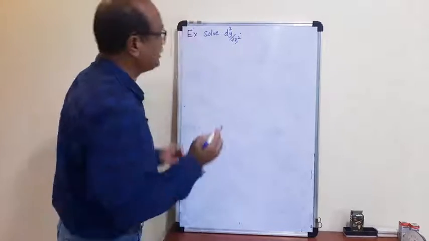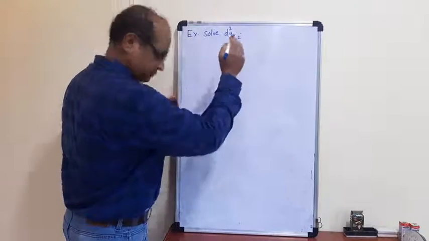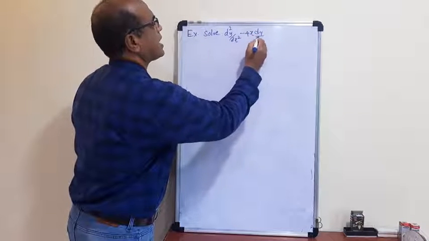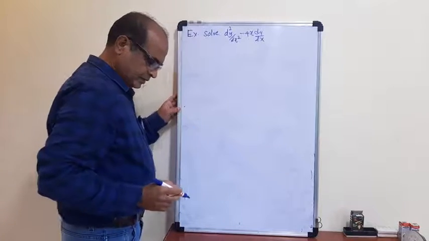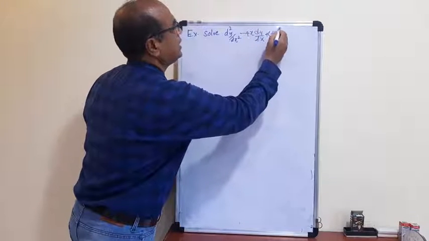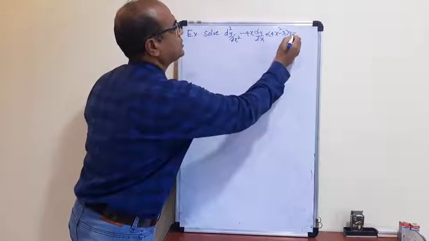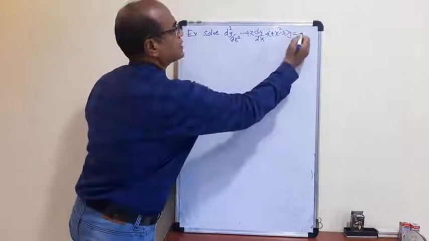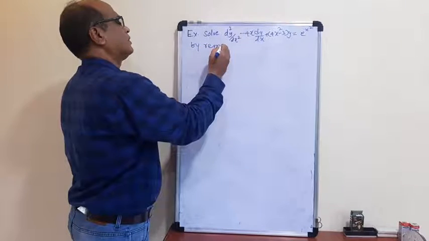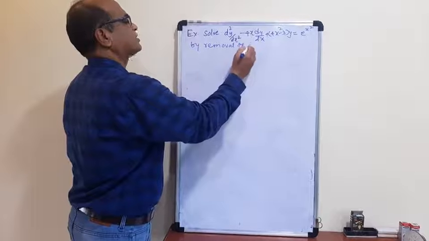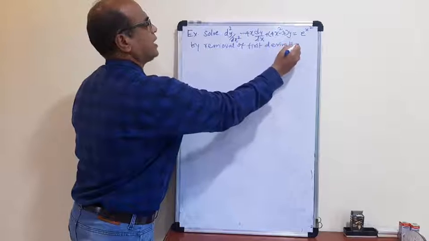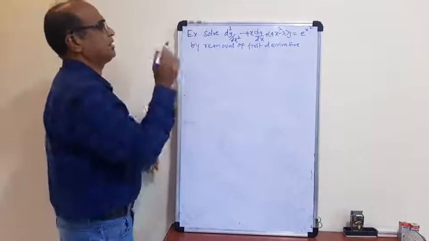Solve d2y by dx square minus 4x dy by dx plus 4x square minus 3 into y is equal to e raised to x square by removal of first derivative. What is the solution of this differential equation?